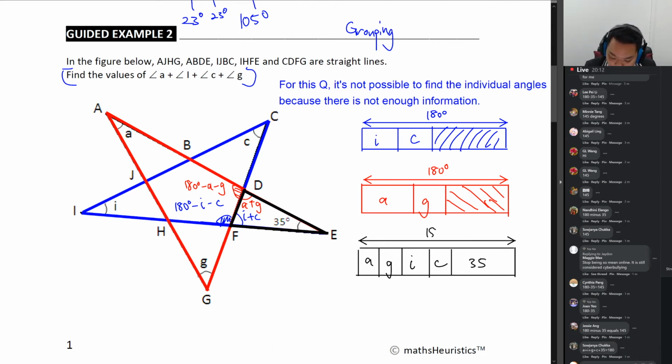So do you all prefer my new workflow now? Is it a lot neater compared to last time? So based on this, the sum of A, G, I, and C can be said to be 180 degrees minus 35 degrees. Ultimately, it only requires you to write one line.